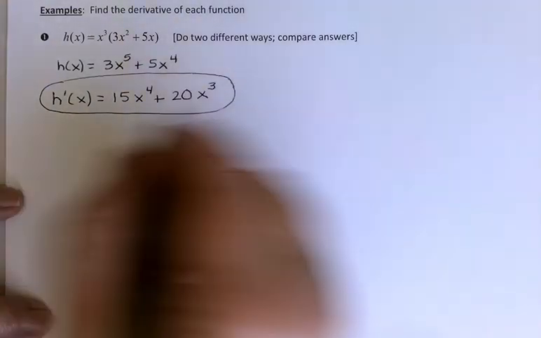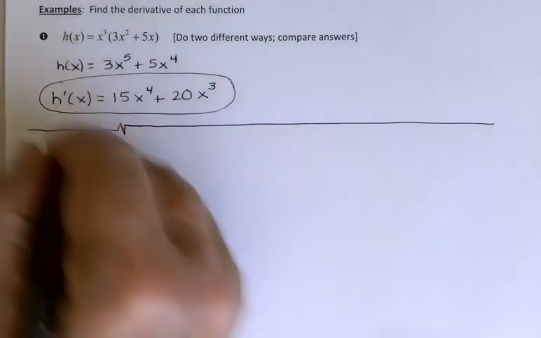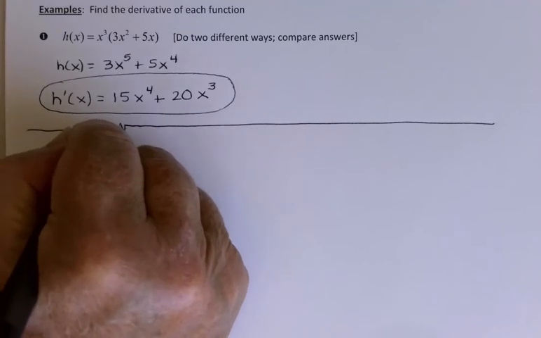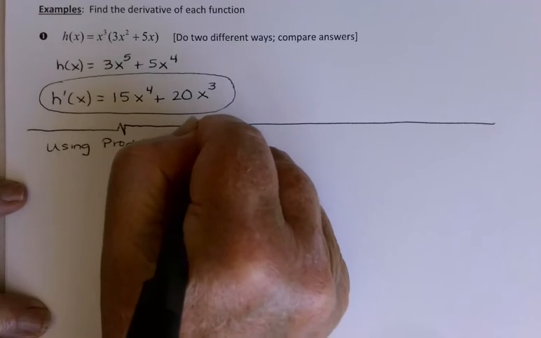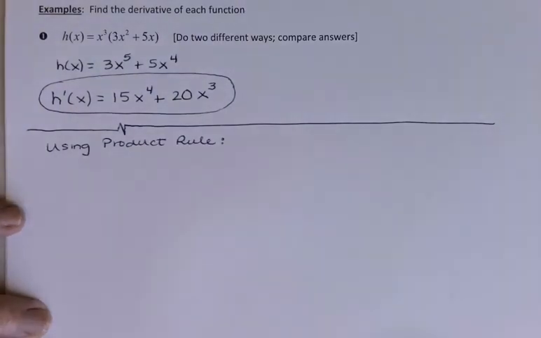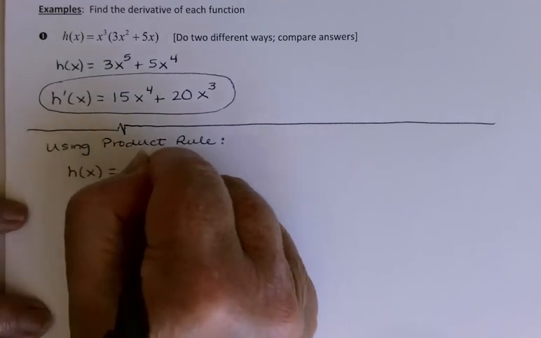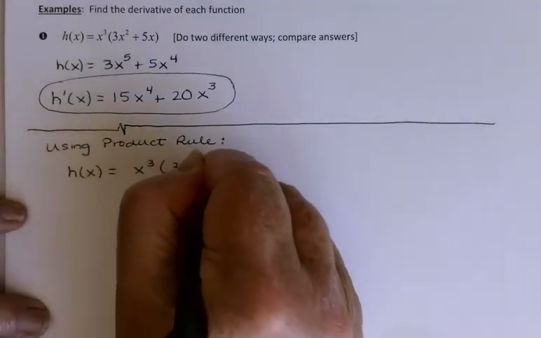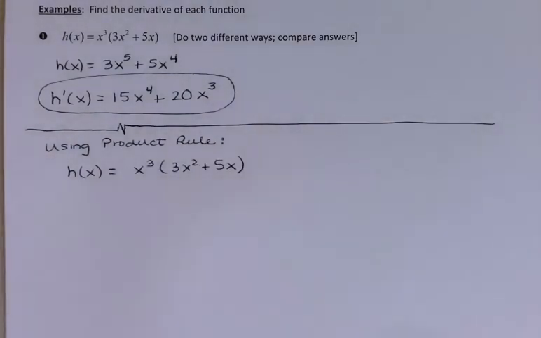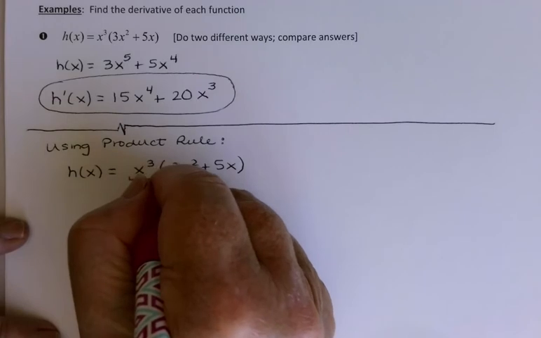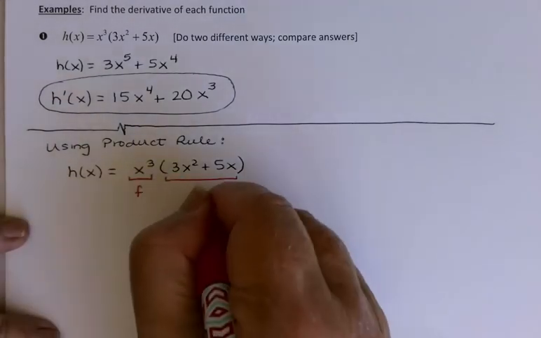So, if we force ourselves to use the product rule, I can certainly see the two things that are being multiplied together, right? Those are my two factors. So I'm just going to call one of them f and one of them g.